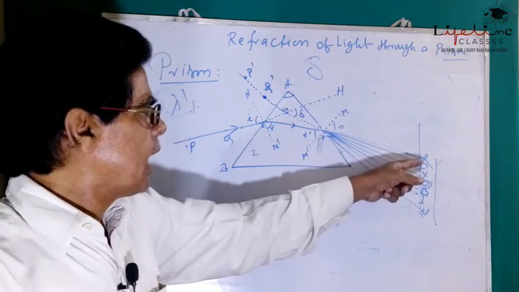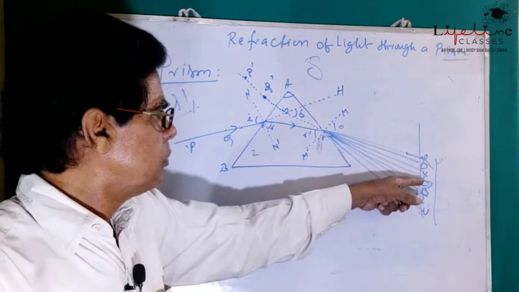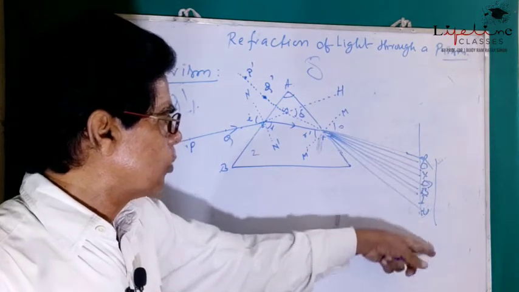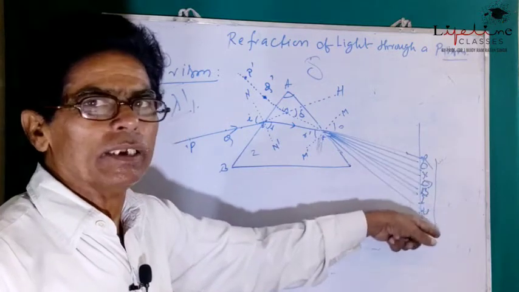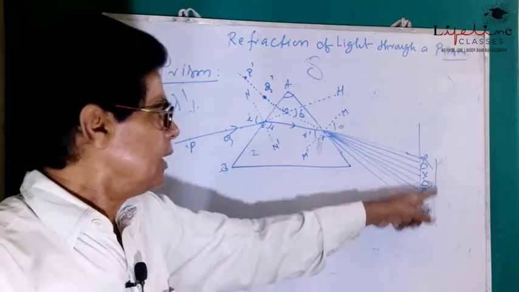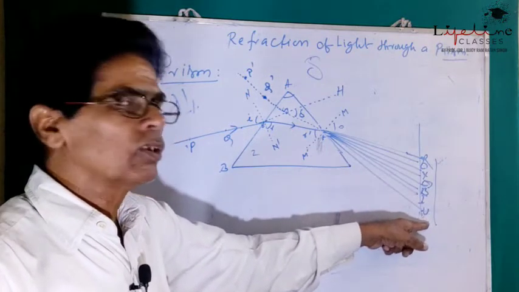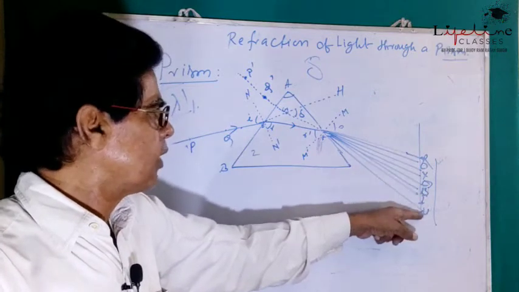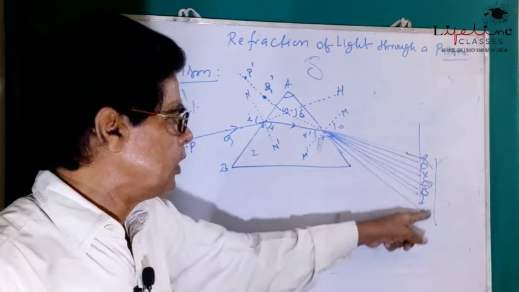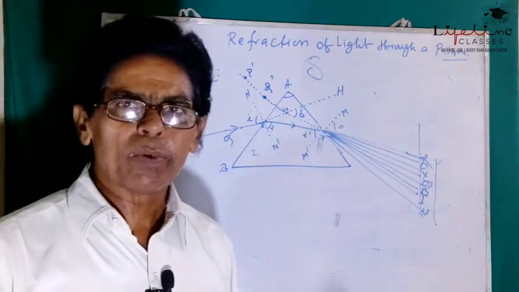The velocity of red light is more as compared to orange, yellow, green and so on. So as we move from red to violet, there is a decrease in the velocity of light and decrease of wavelength, but an increase of frequency. This is known as the visible spectrum.